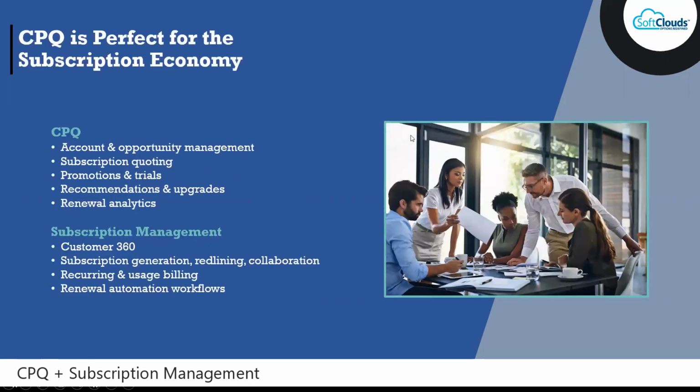So when you look at the combination of CPQ and subscription management, you can start to see how they fit together in this situation, how they complement each other. CPQ allows for the easy configuration and quoting of products or services. It can tie into the subscription, which ultimately provides that customer 360 view.